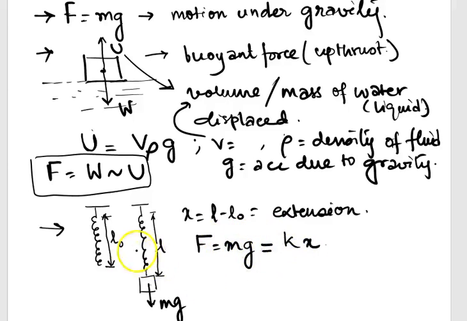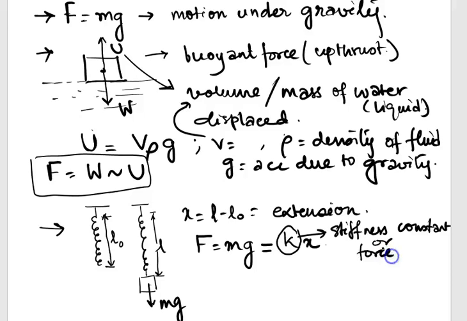Now, this same mg won't act similarly on all kinds of springs, because different springs have different extensibilities, different springs have different kinds of stiffness, as we like to call it. So that factor is taken care of by k, the stiffness that helps pinpoint what kind of spring we are using.